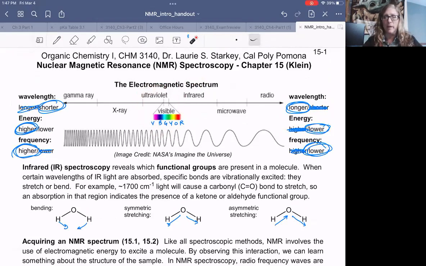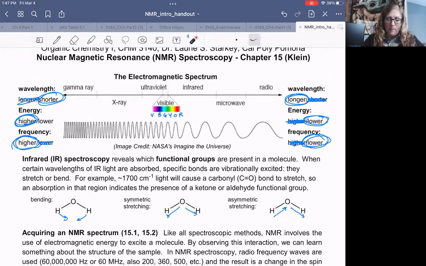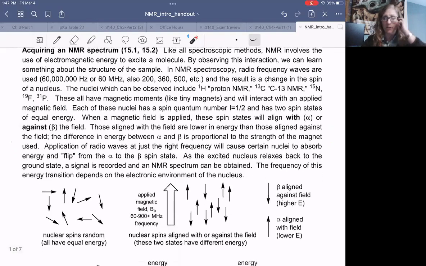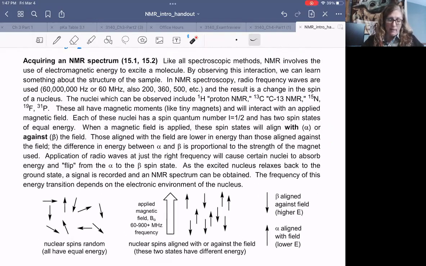Of course, if you have a colored compound, you could use UV-vis spectroscopy to analyze which wavelengths it's absorbing, and so on. But when we come all the way out here to the radio wave frequency, so very, very low energy waves, wavelengths, that's what we use for NMR spectroscopy.